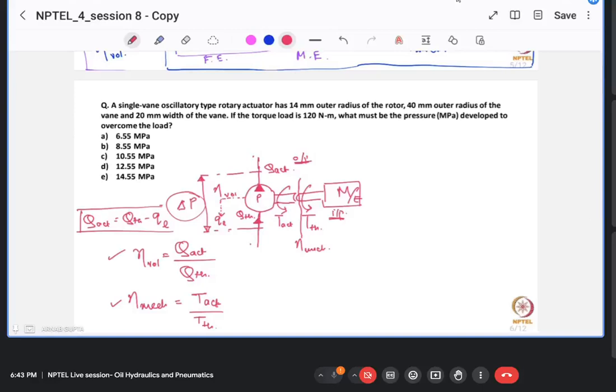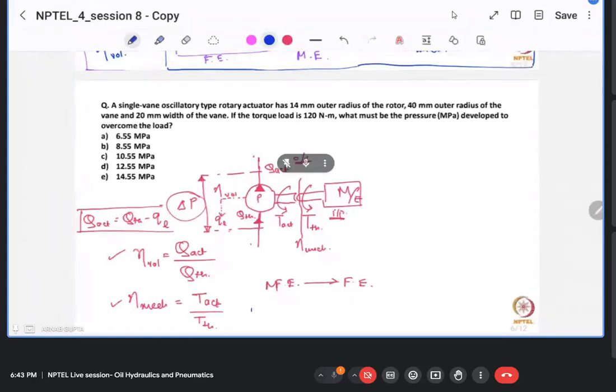Okay, so the energy conversion equation from mechanical energy to fluid energy. What is your input?